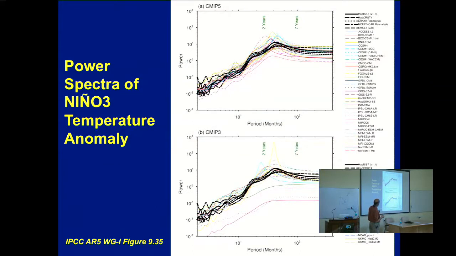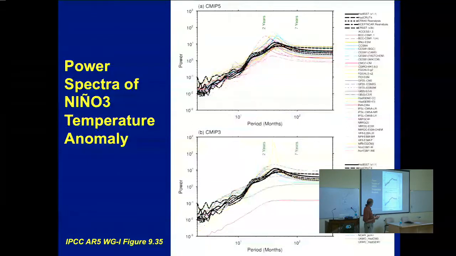So this is power spectra for the Nino 3 temperature anomaly. Essentially, this is the region where you see the El Nino oscillation. So you ask, is it coming in the right periodicity at the right intensity?